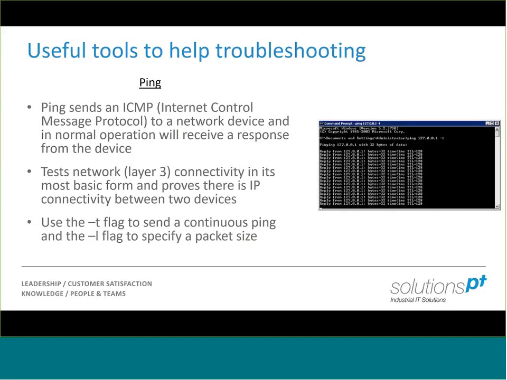It's just a basic connectivity test between two devices, and it'll help you to ascertain if you've got that IP level connectivity. The only thing to look out for here is if you do have firewalls, they might be blocking these pings, and it might inadvertently send you down the wrong route when you're doing your troubleshooting. Your connectivity might be fine, but it might be your firewall that's blocking it, so that's just something to be on the lookout for.